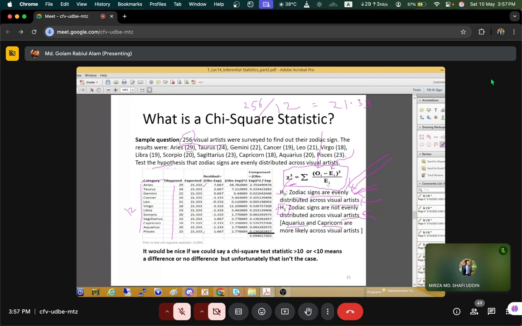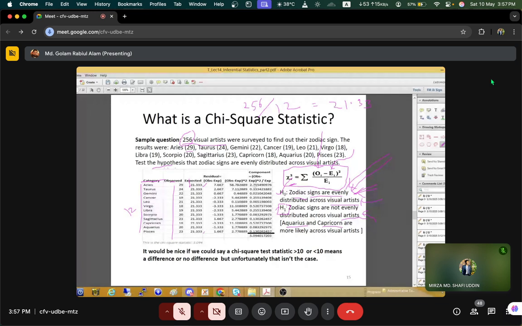Then Oi minus Ei, observation minus expectation. Here the observation is 29 and the expectation is 21.33. The difference is 7.67, and the square of that is 58. Then we divide it by the expected value, 21.33, and we get 2.755.